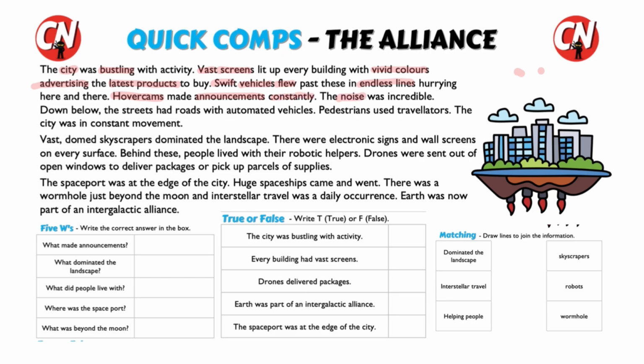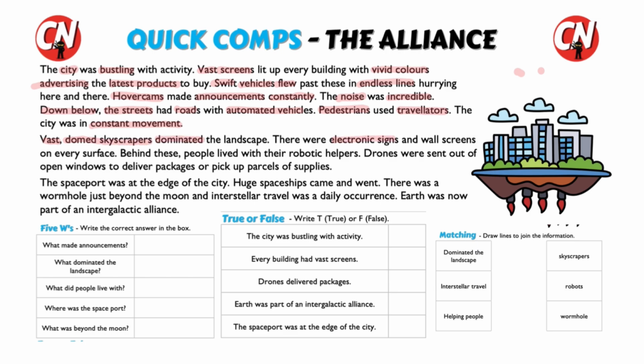The noise was incredible. Down below, the streets had roads with automated vehicles. Pedestrians, so there's quite a lot of intense vocabulary here. Pedestrians used travelators. The city was in constant movement. Vast domed skyscrapers dominated the landscape.